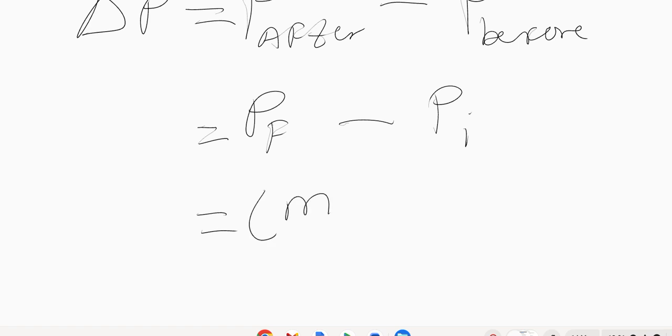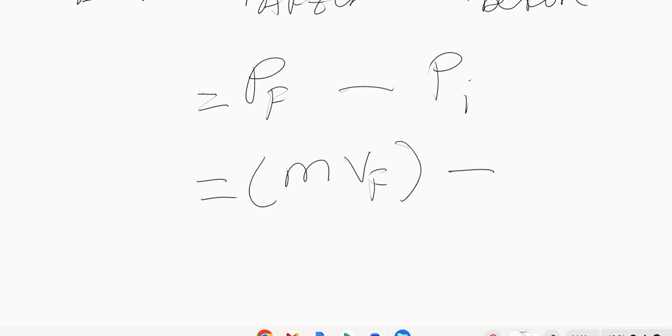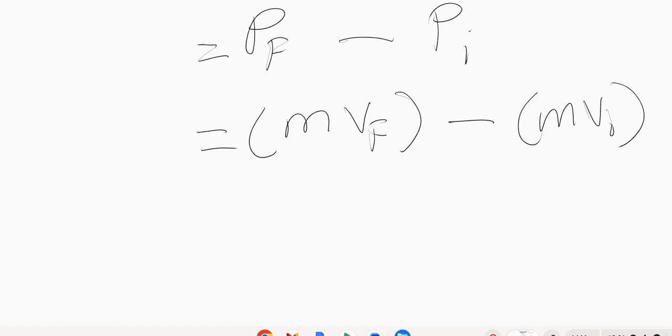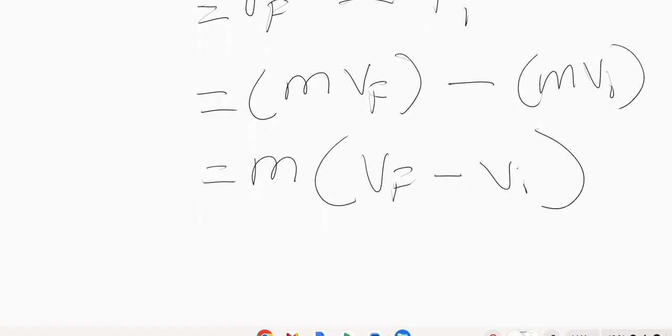So it's mass times the final velocity, minus the mass times the initial velocity, right? Which can also be written, you can take out the common factor there, which is mass, so you'll have m times V final minus V initial.